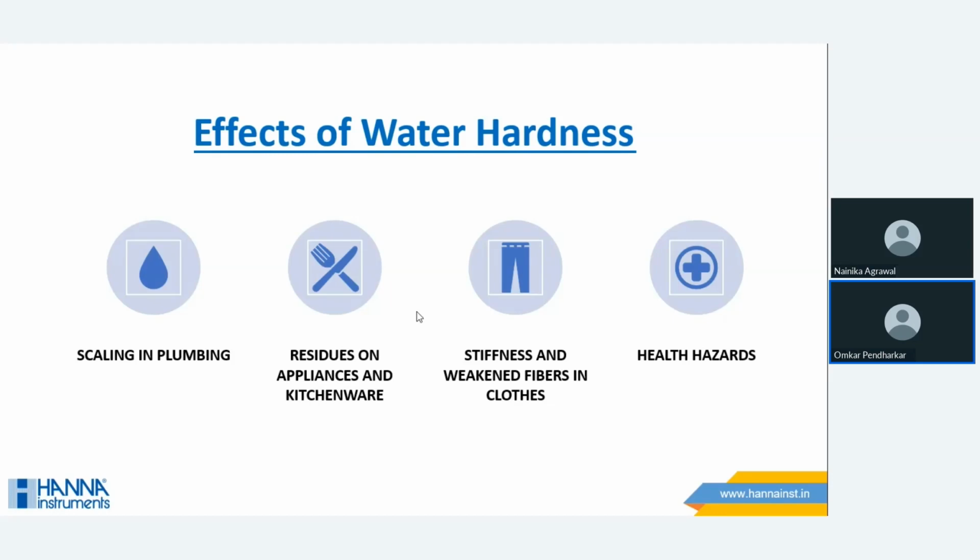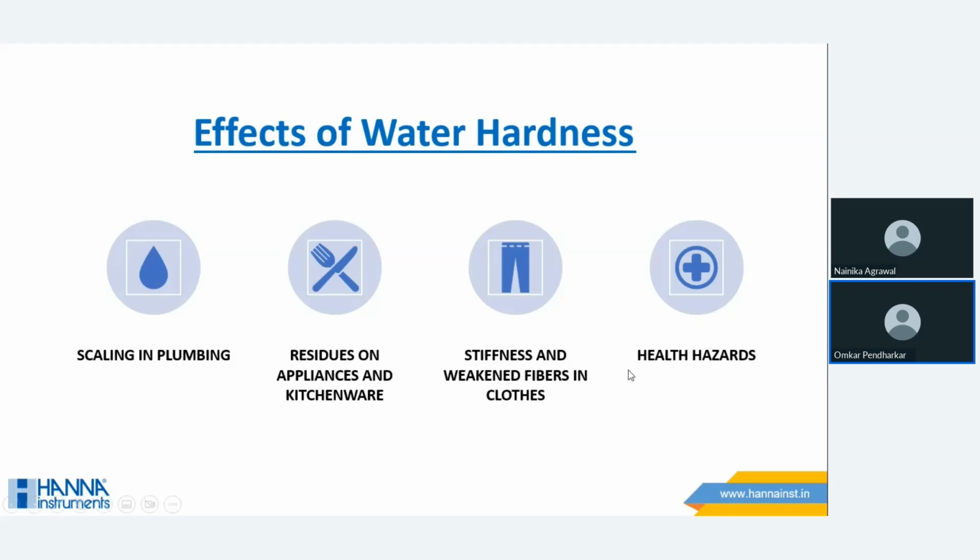This results in maintenance issues in appliances like dishwashers, washing machines, etc. Hard water in the household can also cause staining on the utensils and kitchenware, and we can see brownish or yellowish staining in the bathroom or the flooring of the house. This is also caused by the hardness of water.